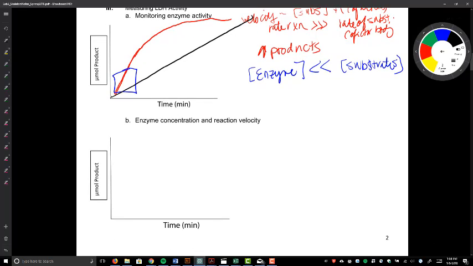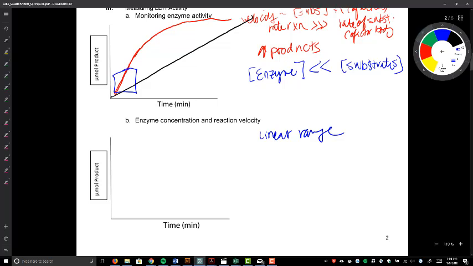And so the way that we can do that is we can manipulate the concentration of enzyme relative to the substrates. Because it turns out that, at least in the linear range, the concentration of enzyme is proportional to the rate of the reaction.